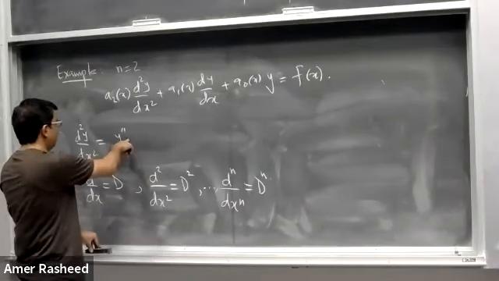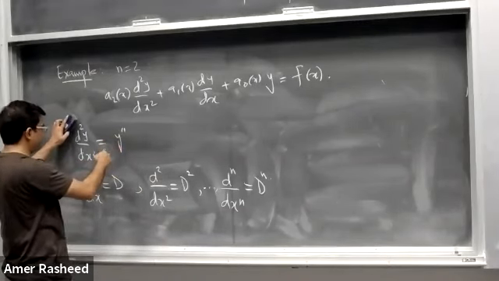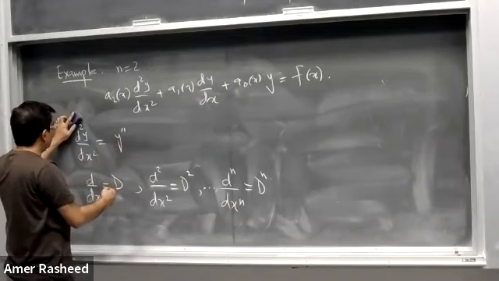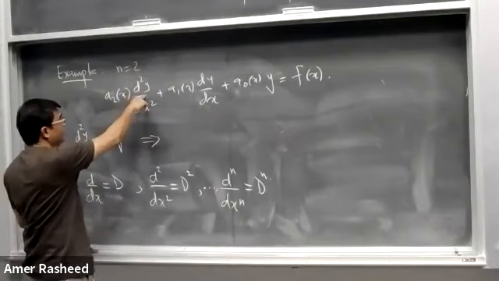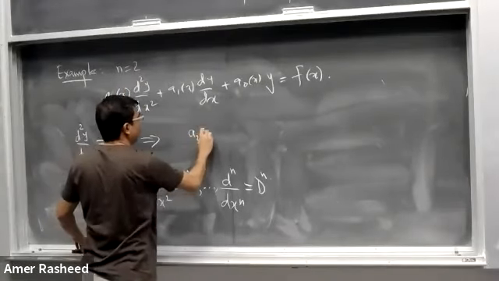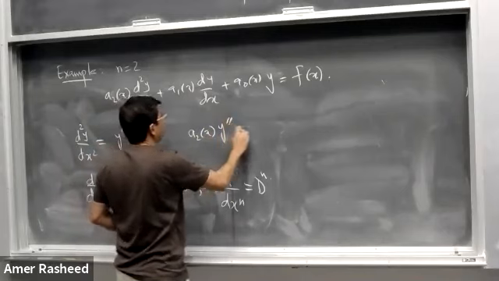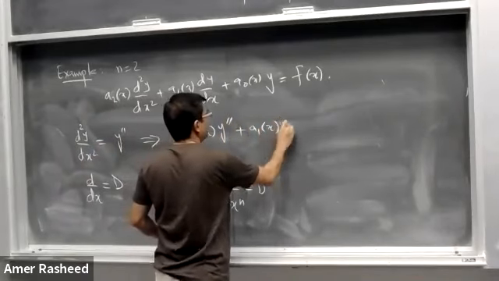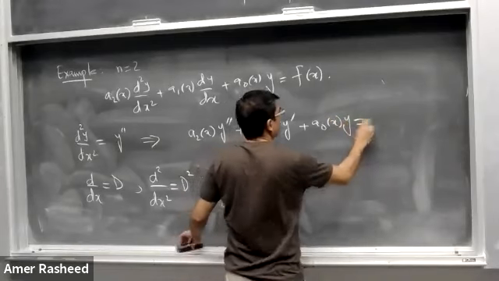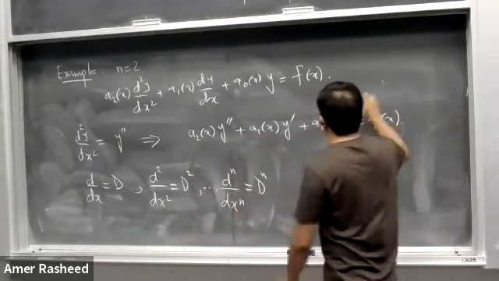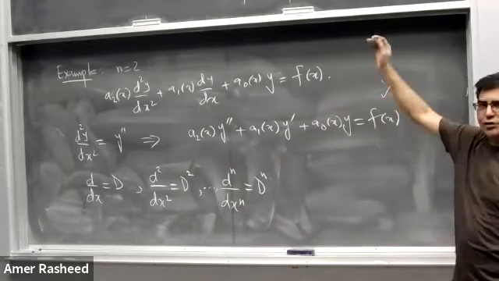For example, if we use this dash notation, then this differential equation can be written as a2 of x y double dash plus a1 of x y dash plus a naught of x y equal to f of x. Similarly, we can generalize this notation up to nth order.